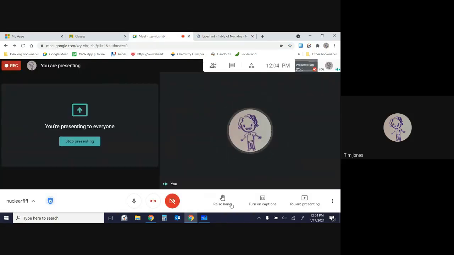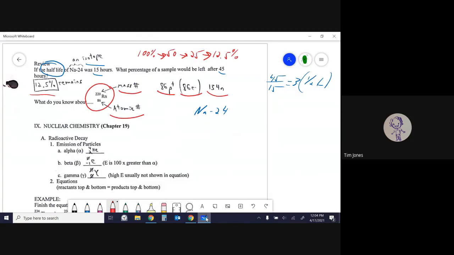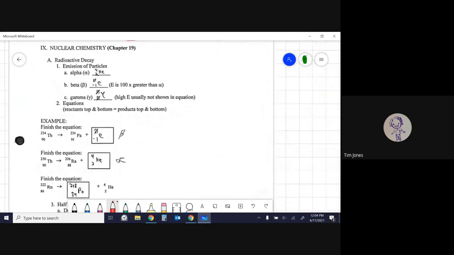We need to get back to the notes. All right, let's just go through some basics. Just like with organic chemistry, this is just an introduction to nuclear chemistry, and ultimately it would break down into nuclear physics. So radioactive decay, what this is, you have a nucleus that is not stable.